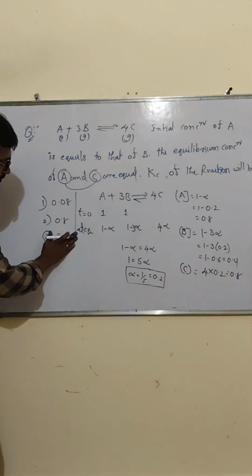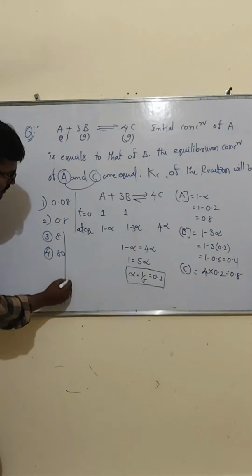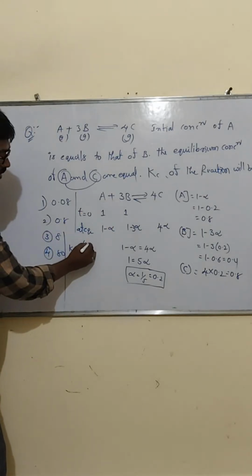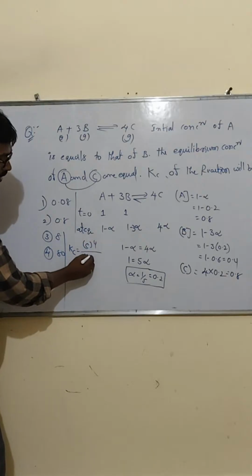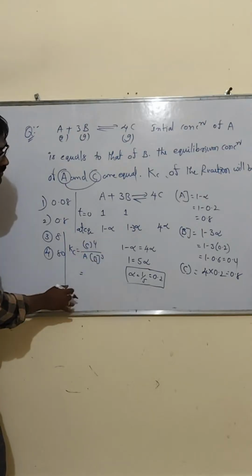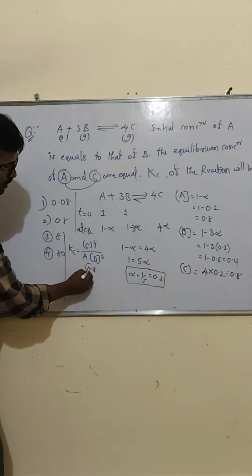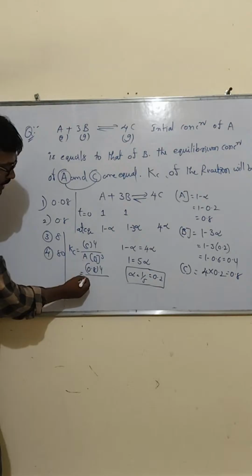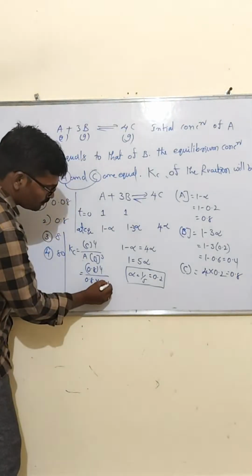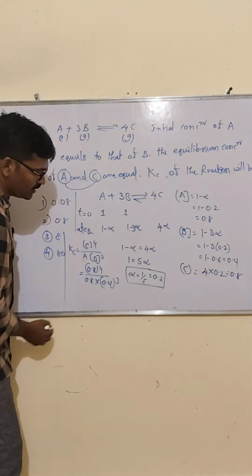Then next, look at how to find the Kc value. Kc equals C power 4 divided by A into B power 3. See, the C concentration will be 0.8 whole to the power 4, divided by the A concentration 0.8 into 0.4 whole to the power 3.